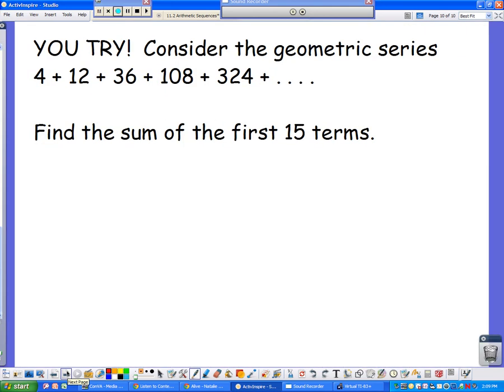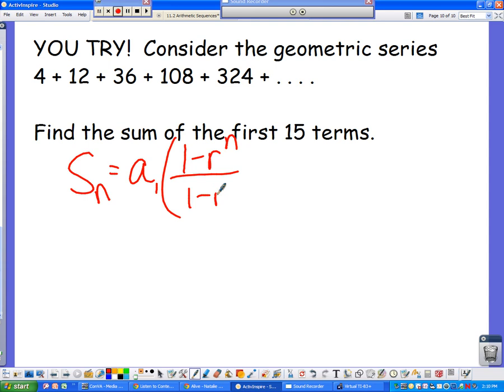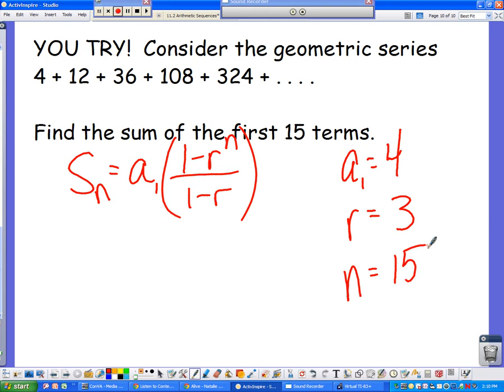Okay? So consider the geometric series 4, 12, 36, 108, and 324. And we want to find the sum of the first n terms. So here's our formula. A sub 1 in this case is our first term, which is 4. Our r, 12 divided by 4, is 3. And our n is going to be 15. So we're looking for the sum of the first 15 terms.